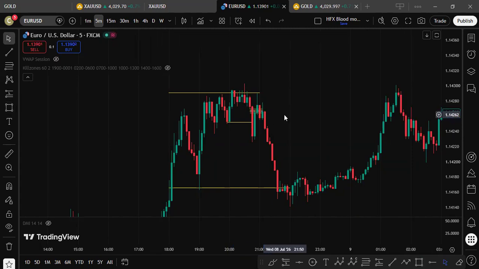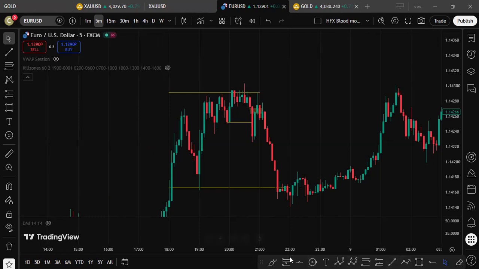In this particular case, where the entry is very close to the series of resistance, the best thing you're gonna do is to have at least an SL above this series of highs here.